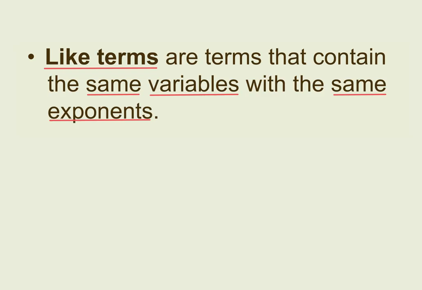Like terms are terms that contain the same variable with the same exponent. That's an example of like terms. This, however, would not be like terms. Even though they have the same variable, they do not have the same exponent.